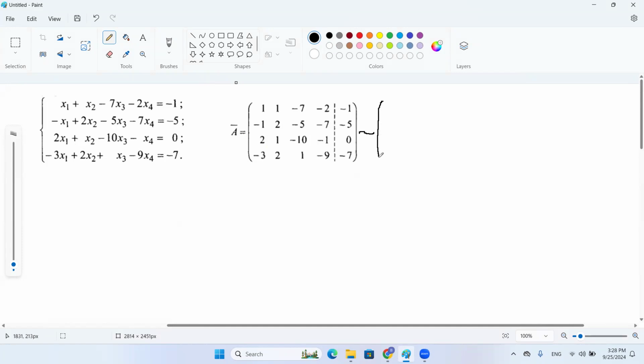And now let's use our favorite Gaussian method, continue our elementary transforms, and check the ranks. So the first row without changes, and it seems that I should add more space here. So zeros here.